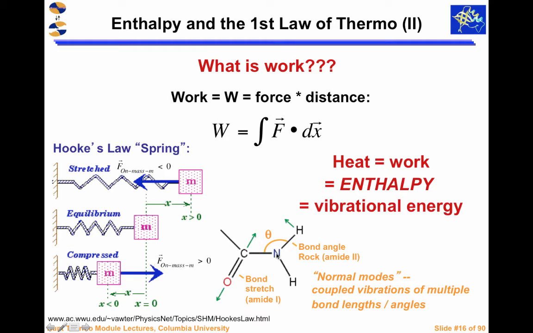Well, in a molecule like this, if the nitrogen moves, let's say in here, towards the carbon, that bond length will contract. At the same time, the NH bonds both have to expand a bit, and the angle between the CN and the NH bond is changing. So basically, if we had just, let's say, an isolated carbon monoxide molecule, we could stretch this CO bond without changing any other bond lengths or angles.